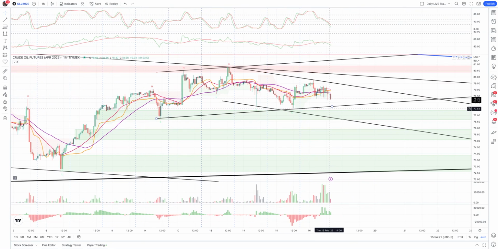So in addition to these channel structures, you're going to have to be proficient at identifying areas where price also stalls and reverses. High here is 84, and the low here is 53.